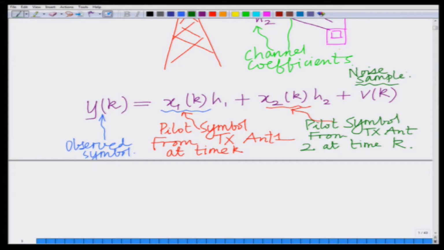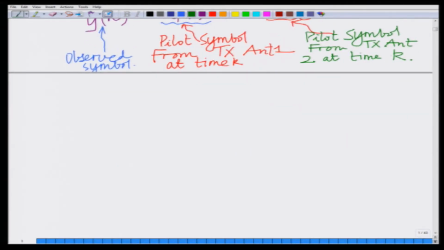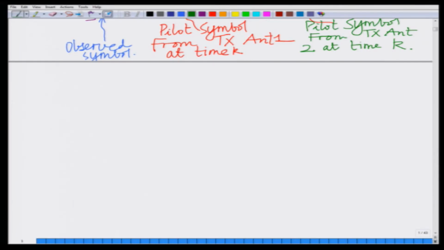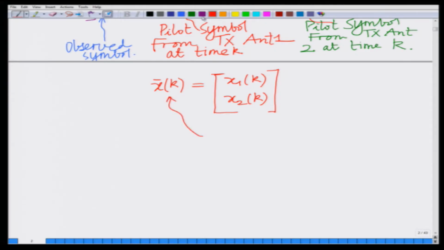Now, going back to our system model, our pilot vector at time instant k is x1k, x2k.